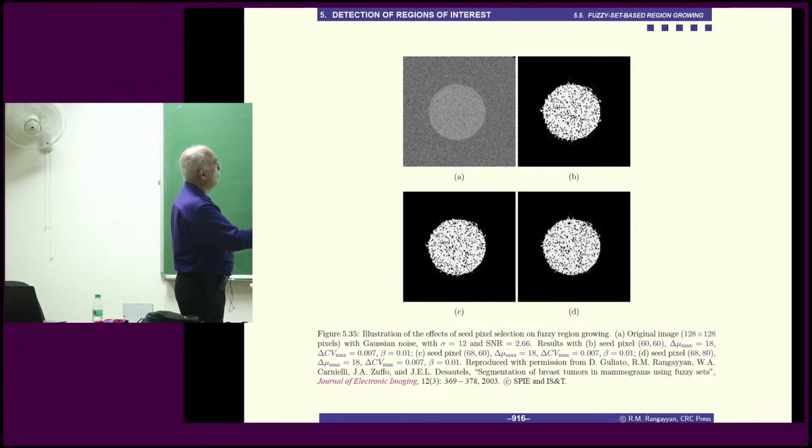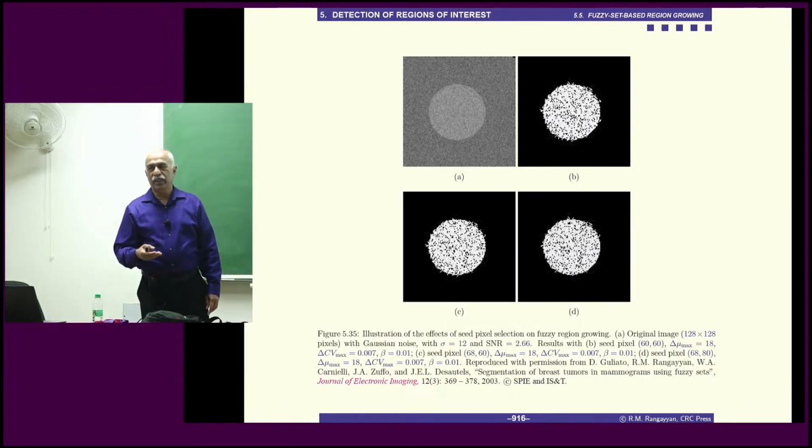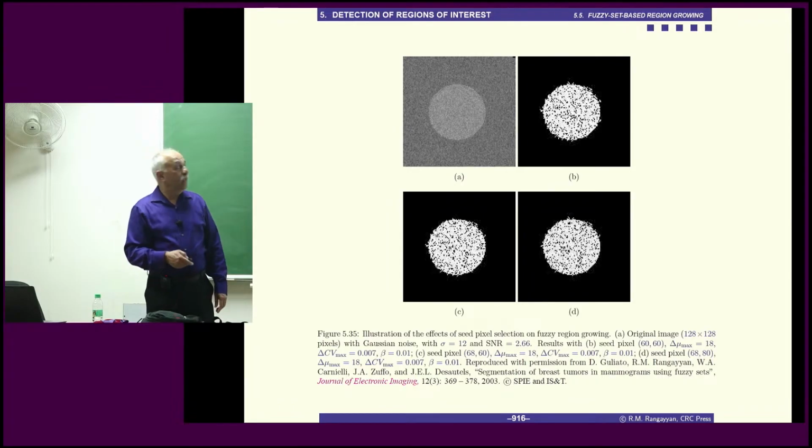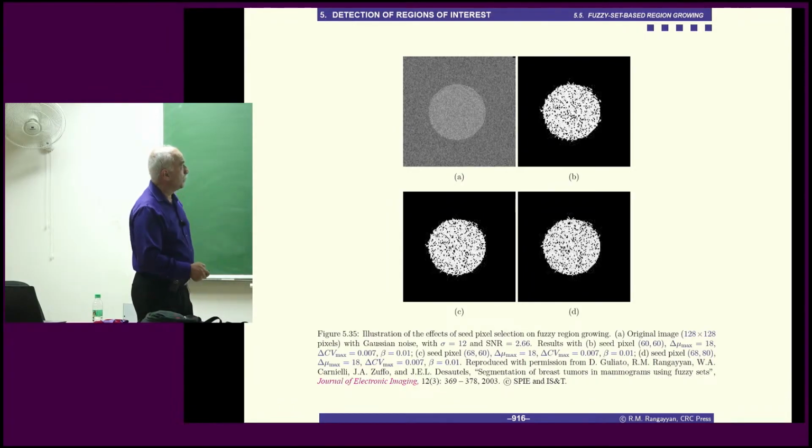Inside, most of them have white membership, full membership. There are some in between values, they are hard to see, and some may not have a membership because the noise is too high, membership being close to 0 because of noise. But most of them are included with high membership.